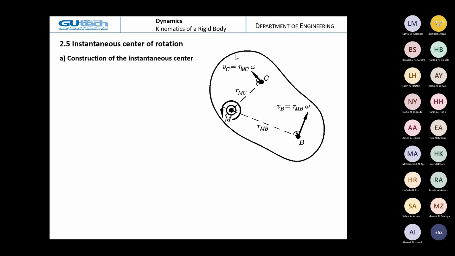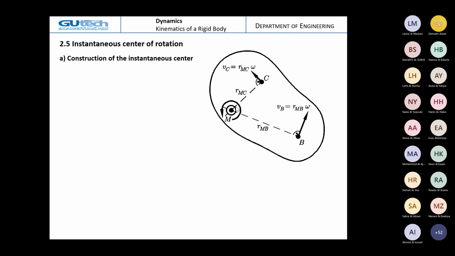If we know the direction of the velocity, what we have to draw is only the line perpendicular to this velocity here. Then you have the velocity of the point C.